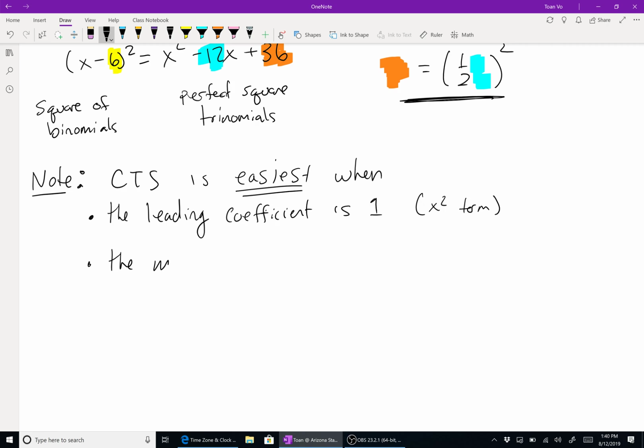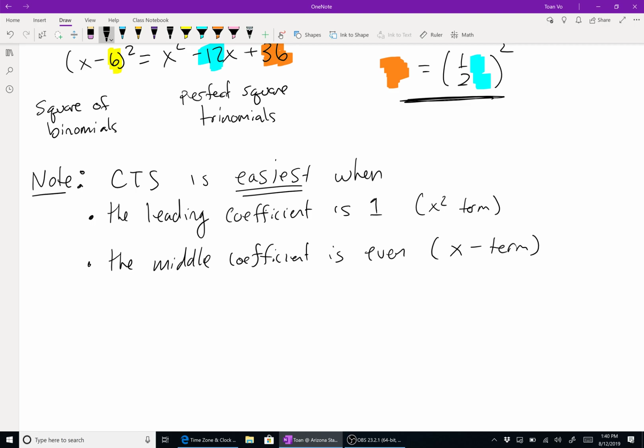And the middle coefficient is even. And when I mean the middle coefficient, I mean the regular x term. So if I had a problem that wasn't factorable, and the leading coefficient is 1, and the middle term is even, completing the square is pretty easy to do, and I would do it.